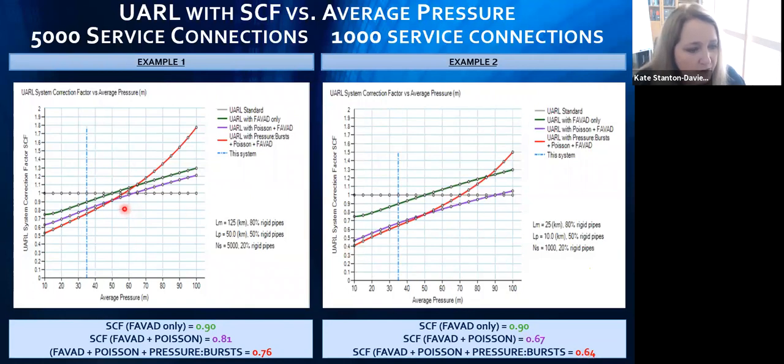But look what happens when you increase the pressure above 50 meters. At 70 meters, we've actually got an SCF of 1.18 in our larger system. And in our smaller system at 70 meters pressure, we've got an SCF of about 0.99, just under 1.